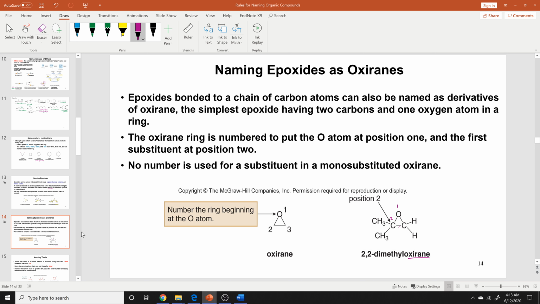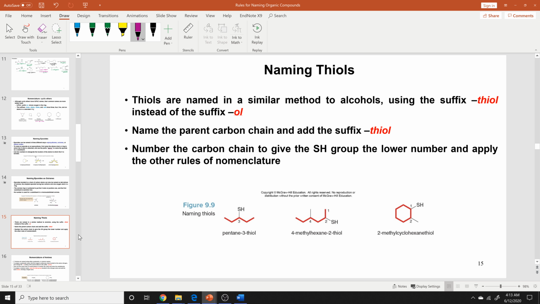So I know that it's an epoxide, and on the second carbon I have 2 methyl groups. When you name thiols, thiols are the same as alcohols. I'm sorry, not ethers, I meant alcohols. So you just drop the -ol of the alcohol and you add the suffix thiol at the end.